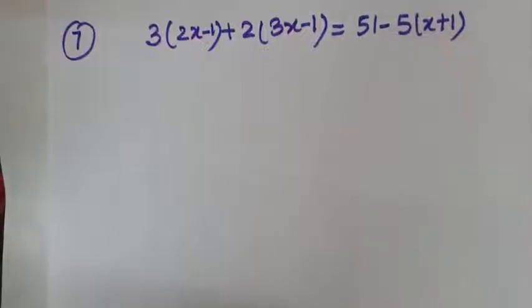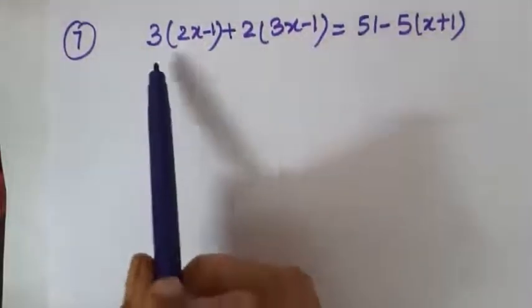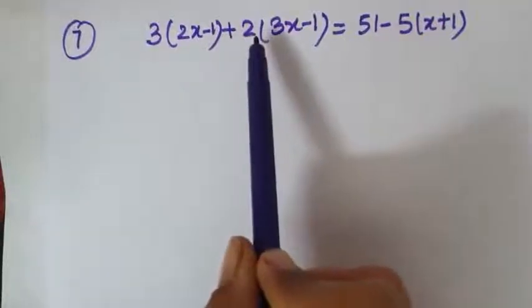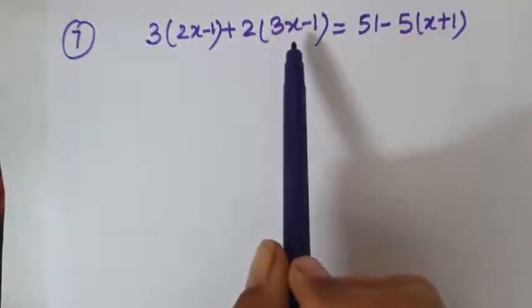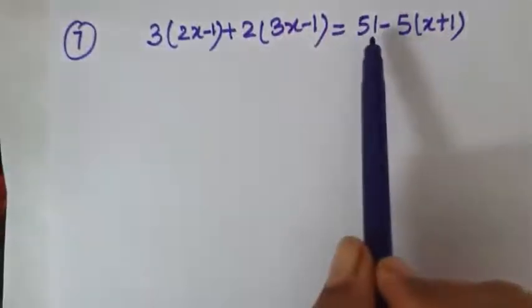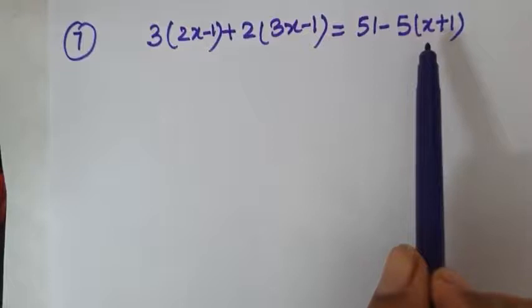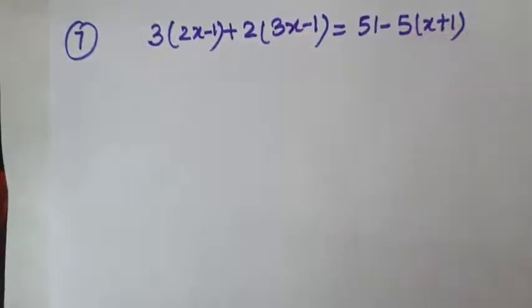The next question is 3 in the bracket 2x minus 1 plus 2 in the bracket 3x minus 1 is equals to 51 minus 5 in the bracket x plus 1.